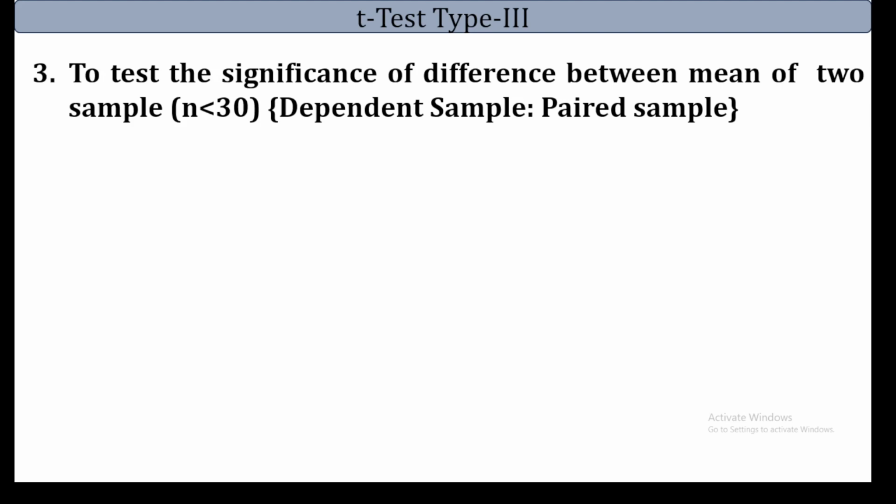Again we have to start with the hypothesis only. Whatever we have taken in the second case, it will be mu of first population, then second population. So this is your null hypothesis.